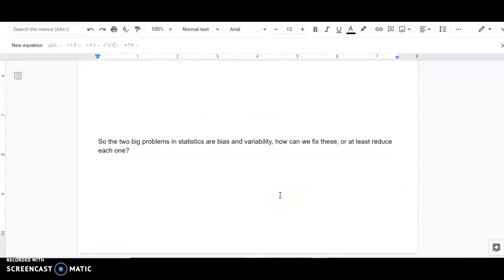So now we have these two big problems we've addressed in this course. We have bias and variability. So in general, the way we're going to try to sample is, to avoid bias, we want to use random samples. And to reduce our variability, we want to have larger samples. So this is a really, really key thing in statistics. You always want to have random samples, and you always want them to be as big as you can.